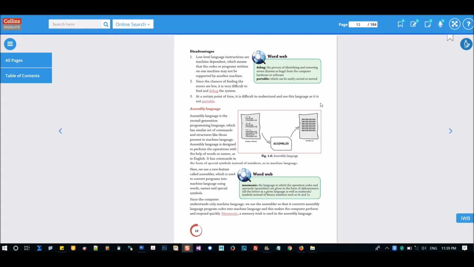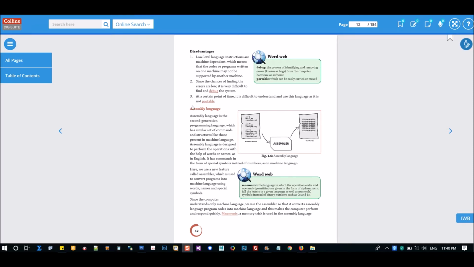Since it's a simple language using 0 and 1, it may work in one machine, but it may not work in another machine. So this is one of the disadvantages here.